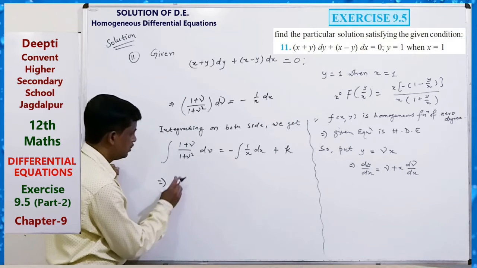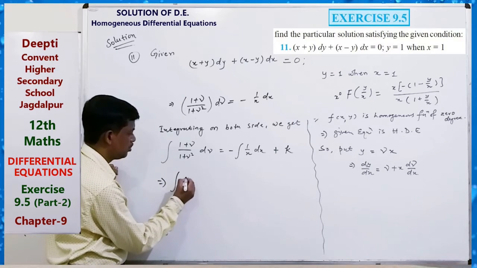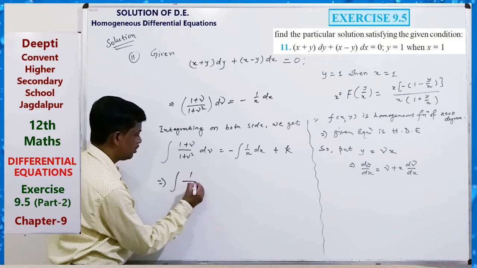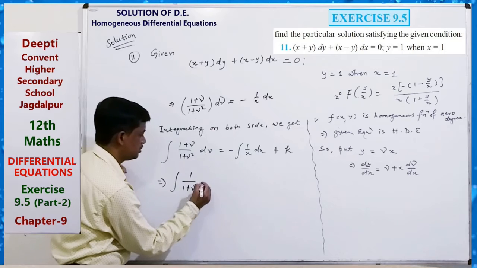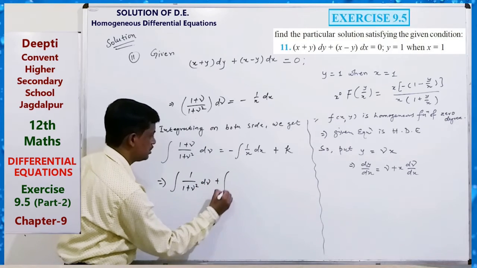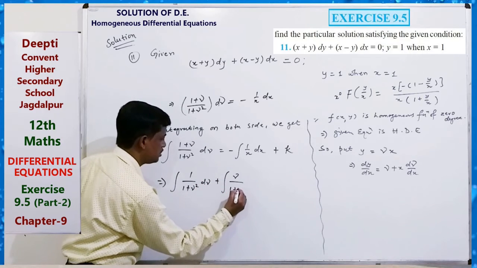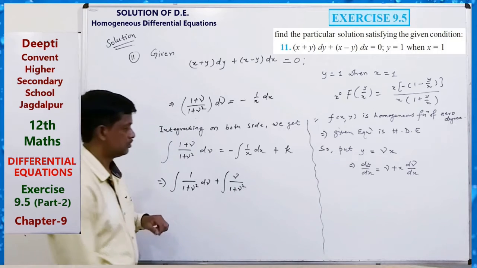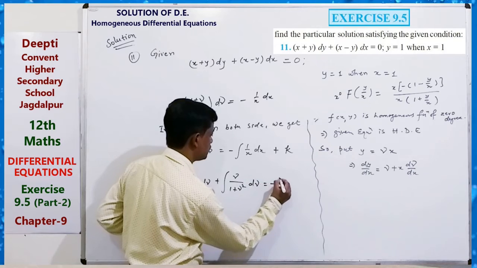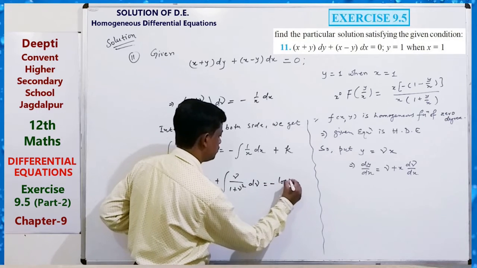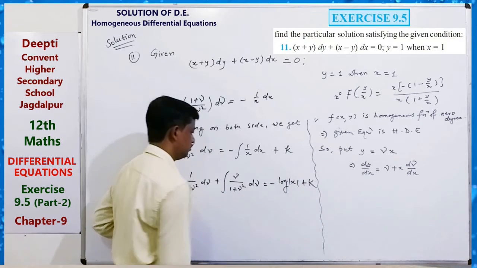Here, integration of 1 upon 1 plus v square, divided into parts, dv plus integration of v upon 1 plus v square dv equals minus log of mod x plus k.